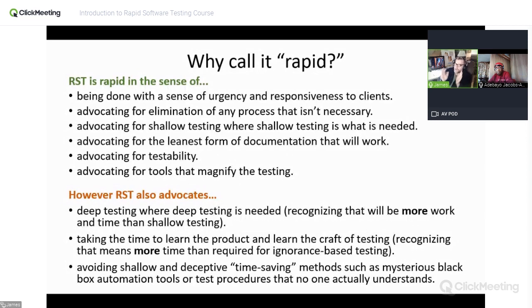Here, let me give you an example of reinventing the wheel that is a positive, good example. I'll tell you something right now for free that is absolutely true. Avoid automation through the graphical user interface of a product for regression testing purposes.